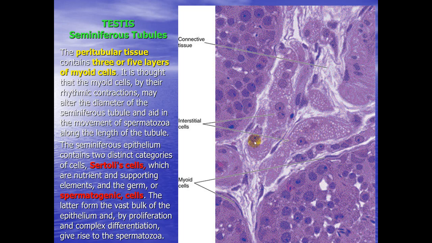They produce the steroid hormone testosterone, which is a lipid soluble hormone synthesized on the base of the lipids. So Sertoli cells are also present in the wall of the seminiferous tubules.